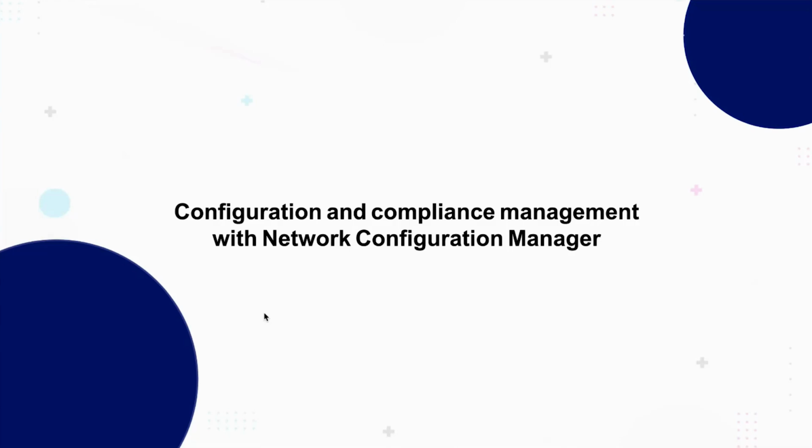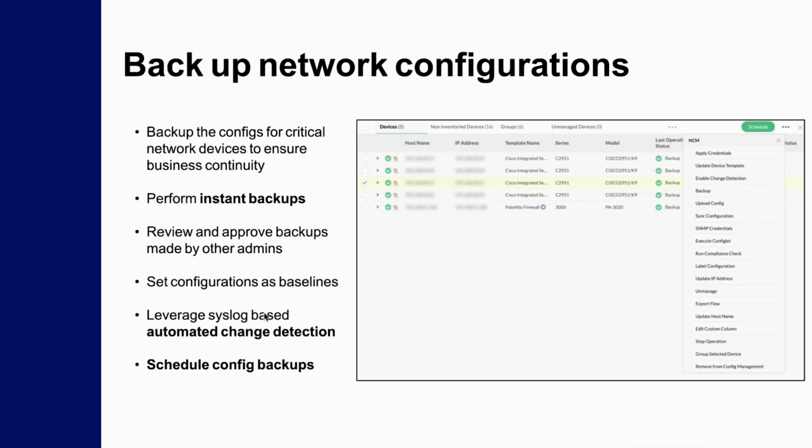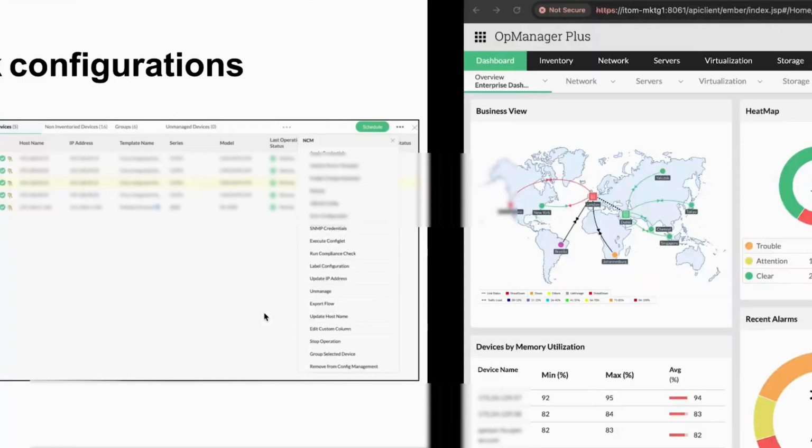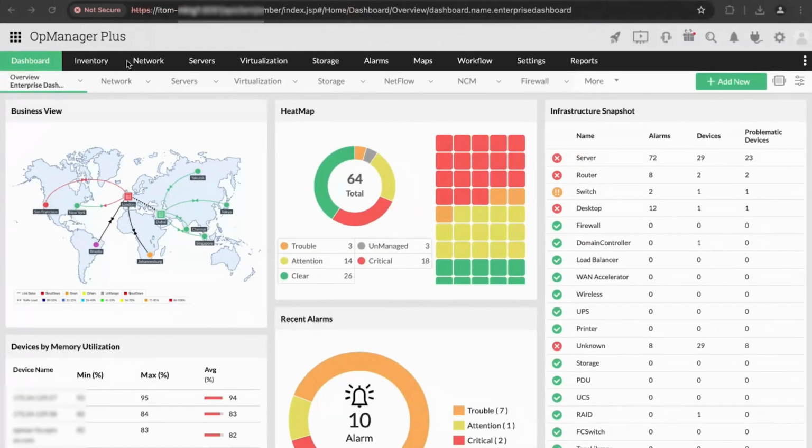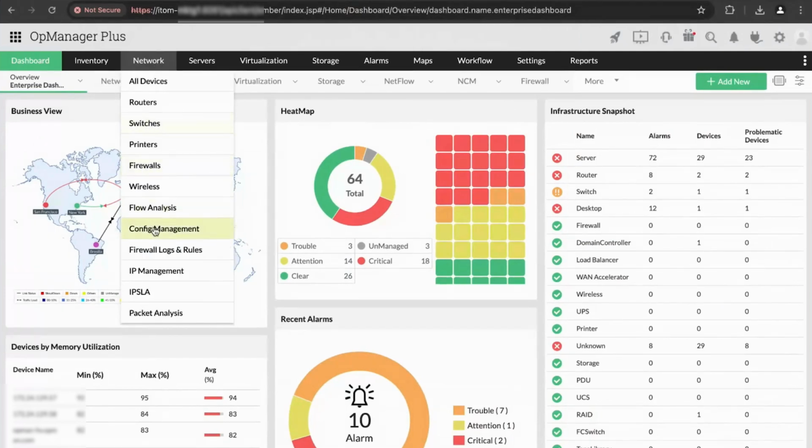So let me start with backing up network configurations. Network Configuration Manager helps you take backups of network configurations of your devices using three major methods. Let me show that to you in the product itself quickly. Here under Network, you have Config Management.